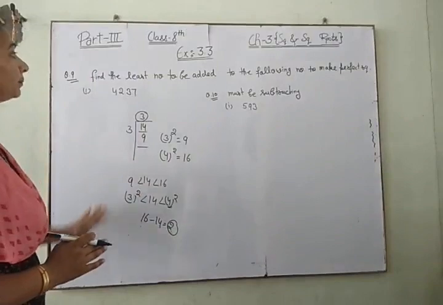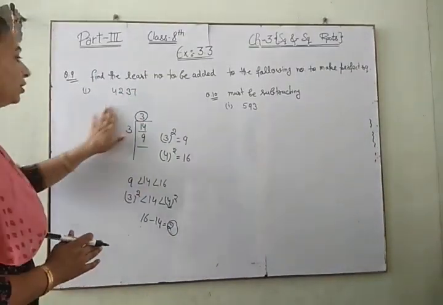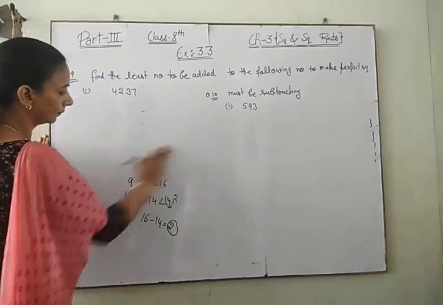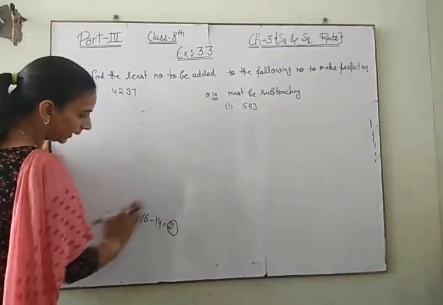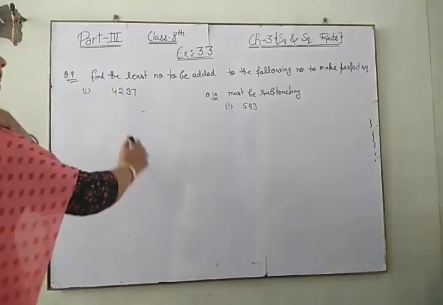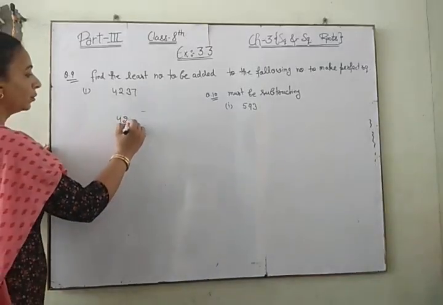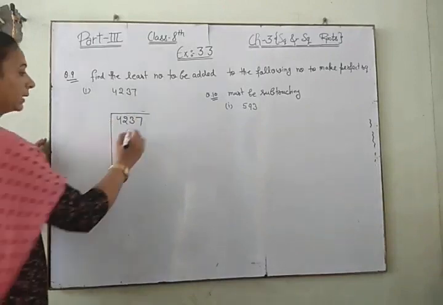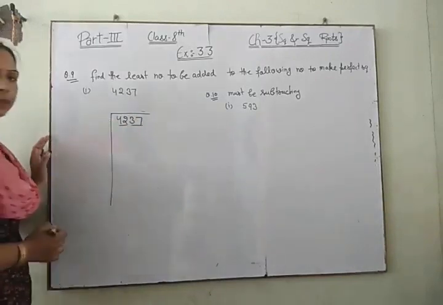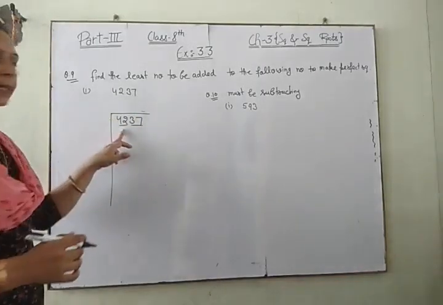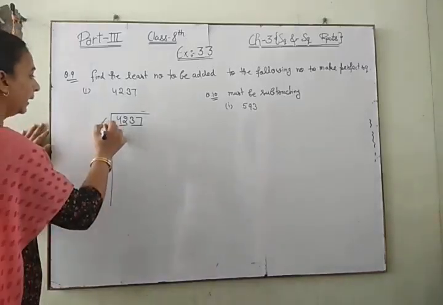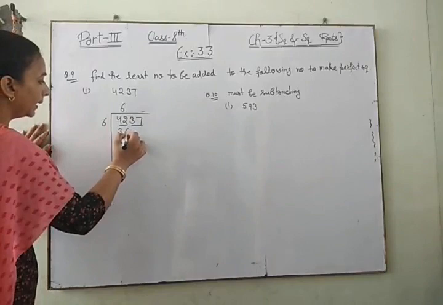Now I will take these questions of the same type. 4237. First we find the square root of this. Then complete pairs. 6 6s are 36, 7 7s are 49. 49 is greater, so we take 6 6s are 36.